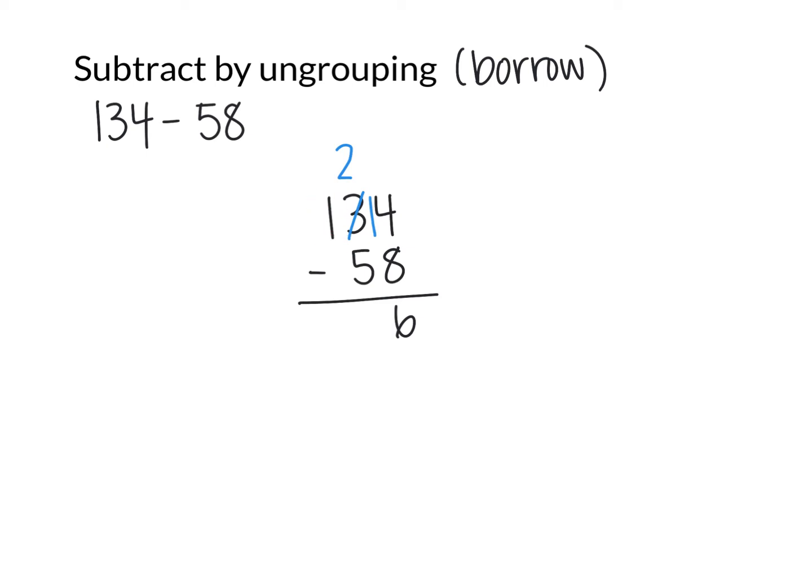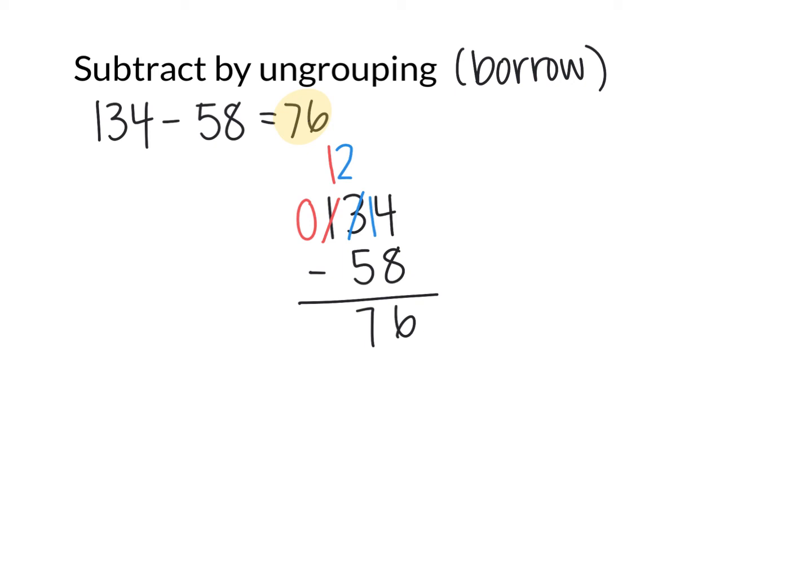So since there's only 1 there, I'm going to take it from the hundreds and put it in the tens, because I know that 100 is the same as 10 tens, and 10 plus 2 is 12. Now I can subtract 12 minus 5 to give me 7. You may notice that that's the same answer that we got last time, 76.